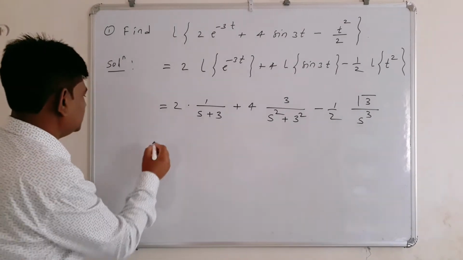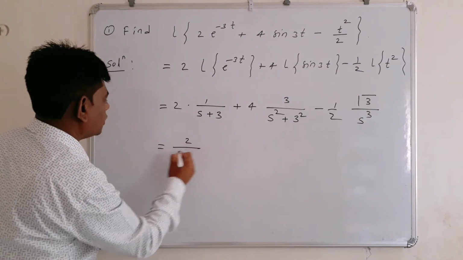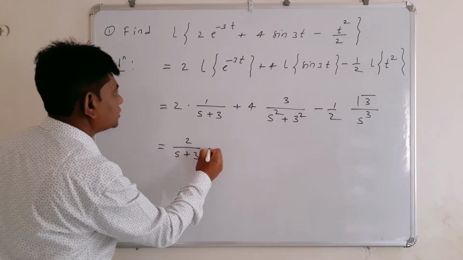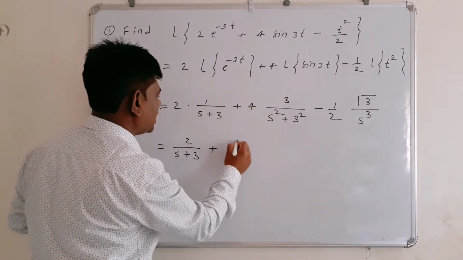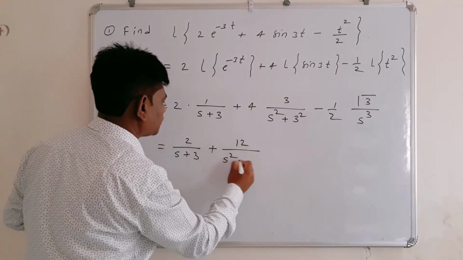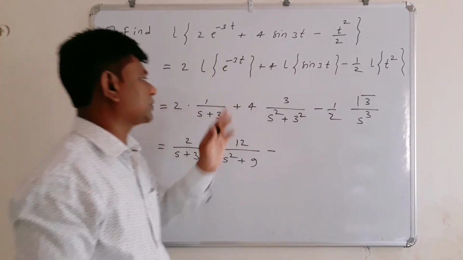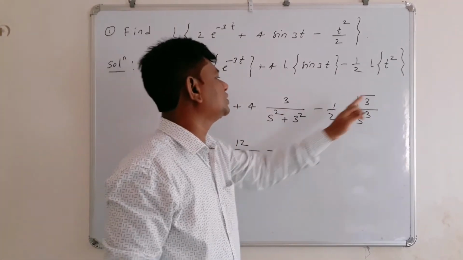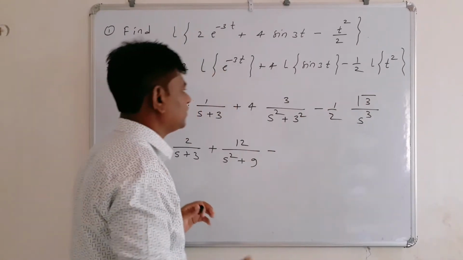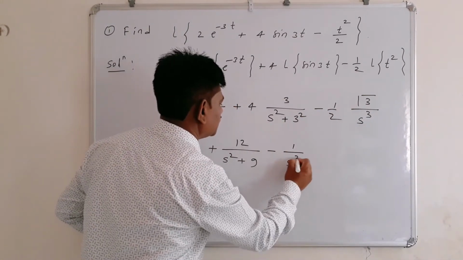Therefore the answer is 2 upon s plus 3 plus 4 times 3, 12 upon s square plus 9, minus this gamma 3, which is 2 factorial. The 2 factorial is 2. The 2 by 2 answer is 1, 1 upon s to the power 3.